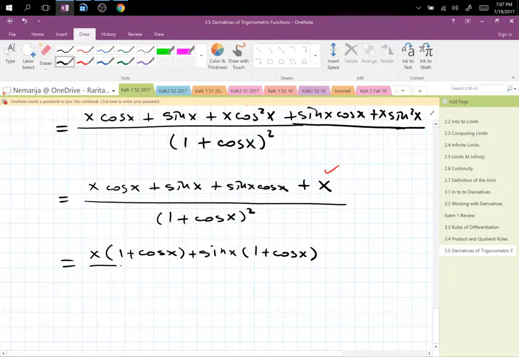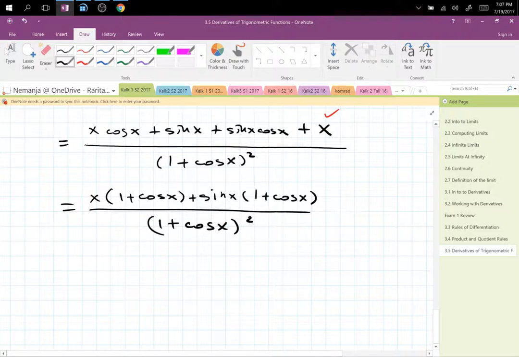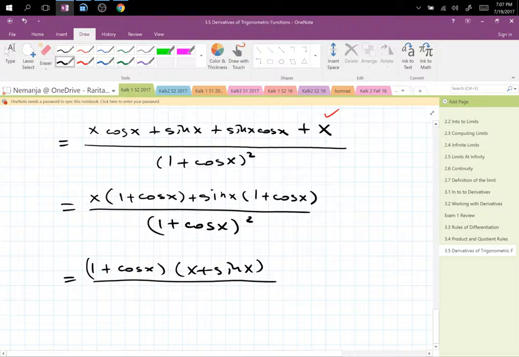This works really nice. You can factor out 1 plus cosine x and get x plus sine x, and cancel one of the factors in the denominator. This is really cool. I like this problem.